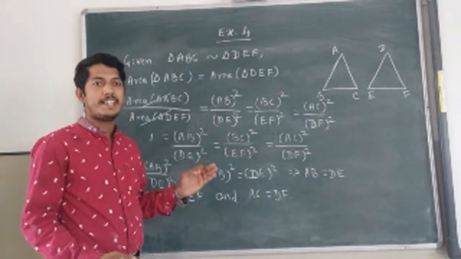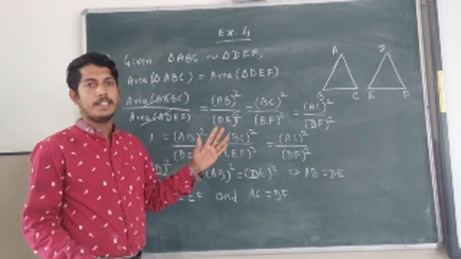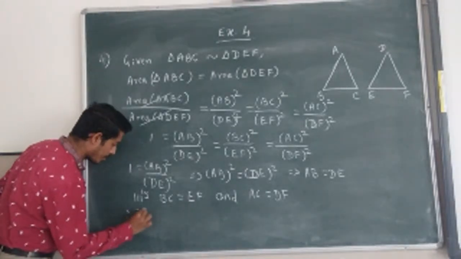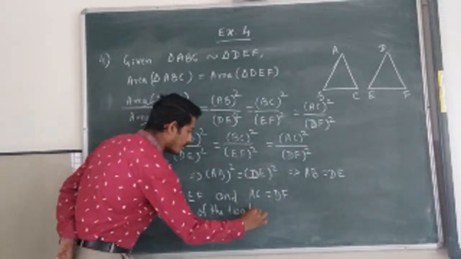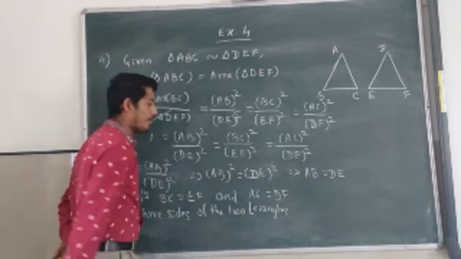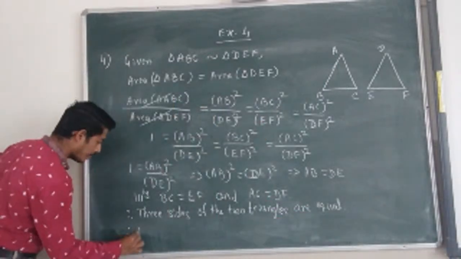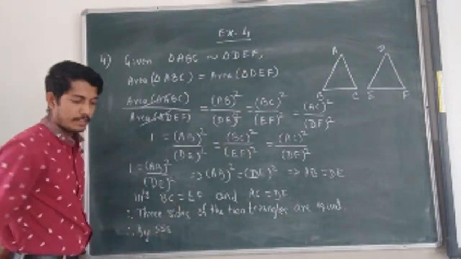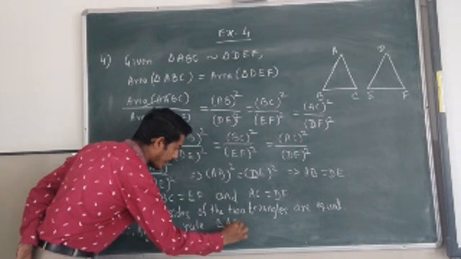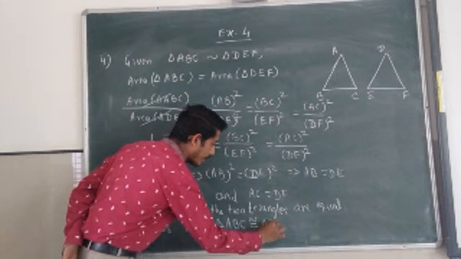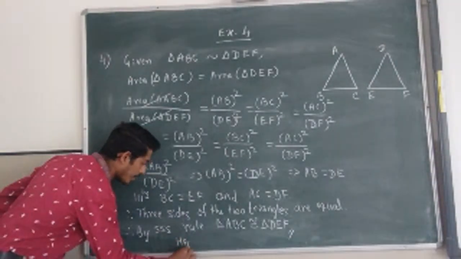Therefore, by the side criterion, three sides of the two triangles are equal, so by SSS congruence rule, triangle ABC is congruent to triangle DEF. Hence proved.